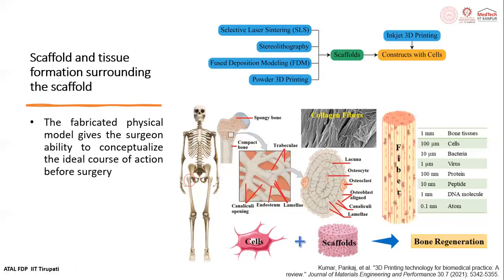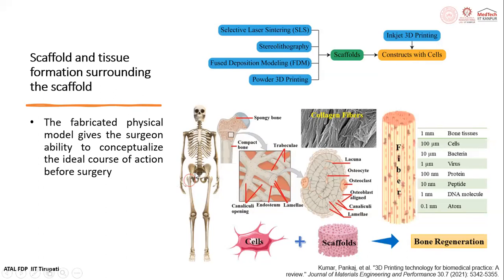The scaffold, and the tissue formation surrounding the scaffold, we can see. The fabricated physical model gives the surgeon an ability to conceptualize the ideal course of action before surgery. Say, for example, if there is a surgery to be conducted, the patient will first have an MRI and CT.